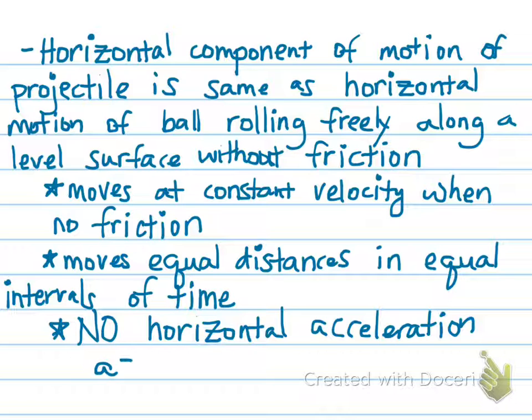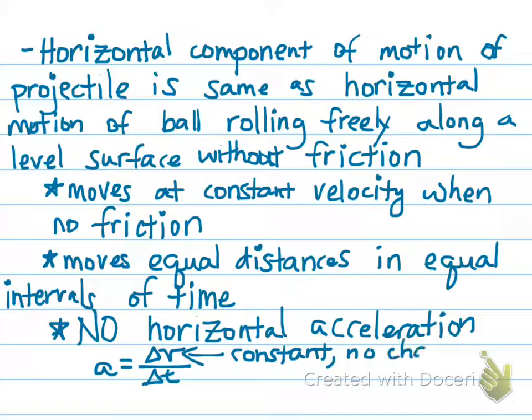Remember, our equation for acceleration is the change in velocity over the change in time. The velocity is constant. It's not changing. Therefore, there's no acceleration. Because our velocity is staying exactly the same, we can't have any acceleration in the horizontal because there is no change in velocity. So that's the horizontal component of motion.